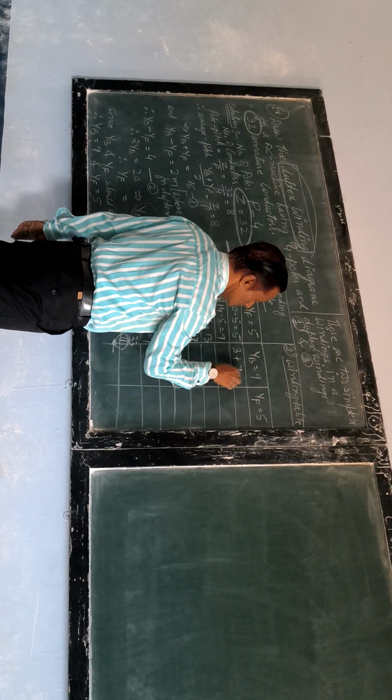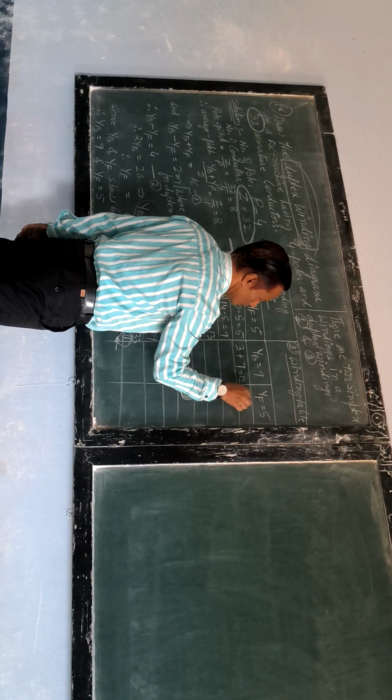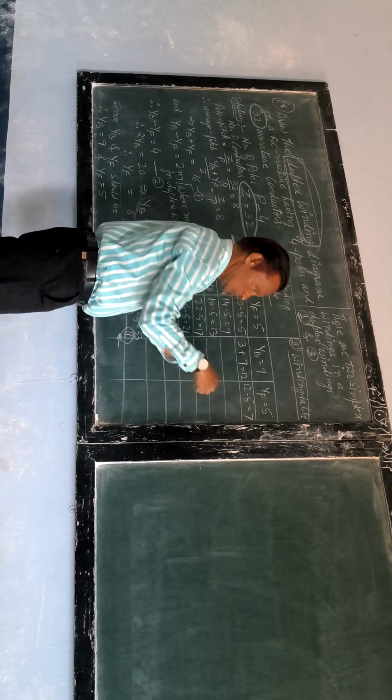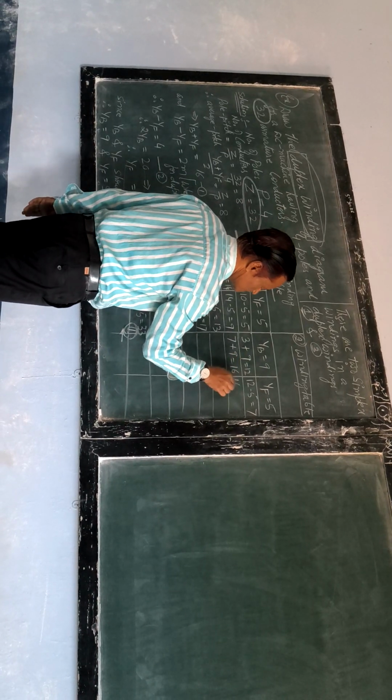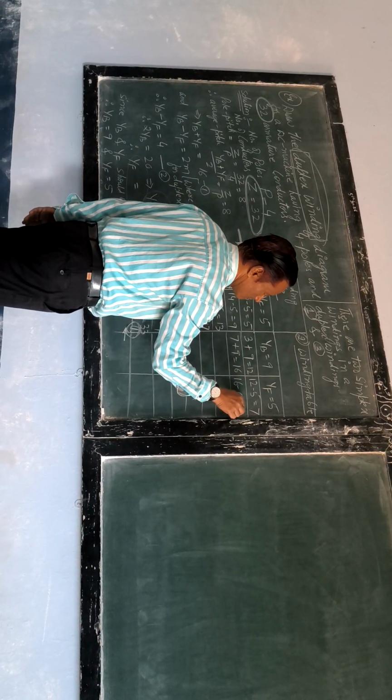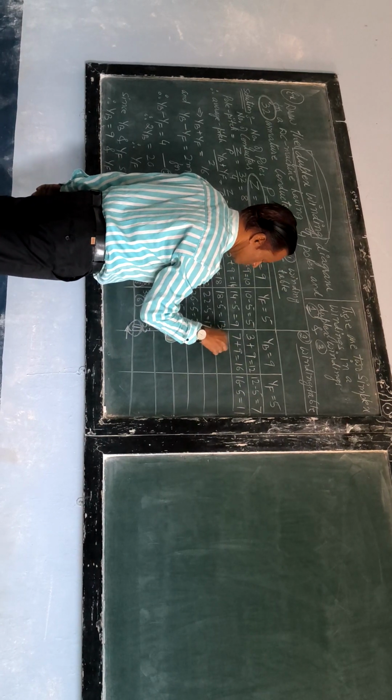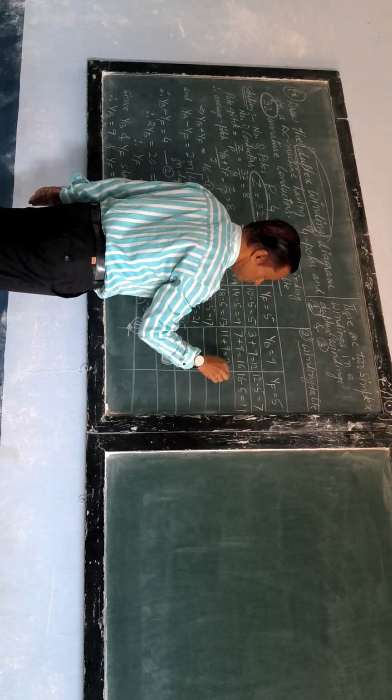So 3 plus 9 is 12. Good. 12 minus 5 is 7. Good. 7 plus 9 is 16. 16 minus 5 is 11. Very good. 11 plus 9 is 20.